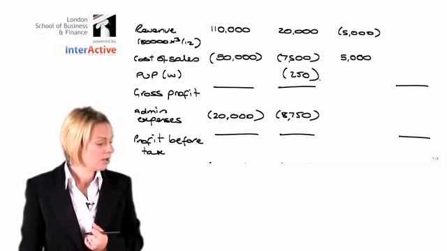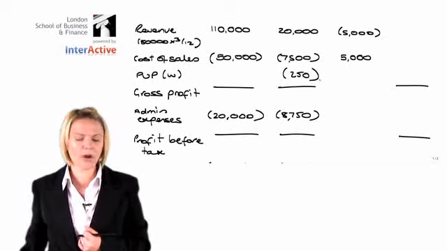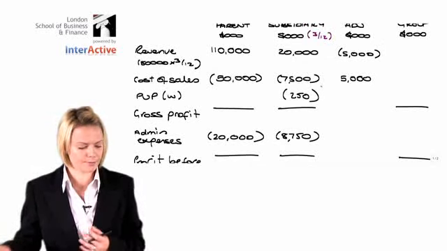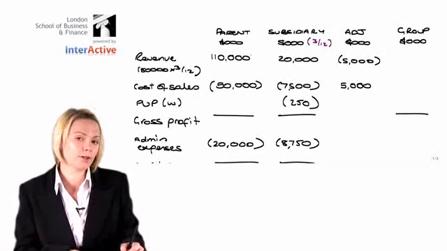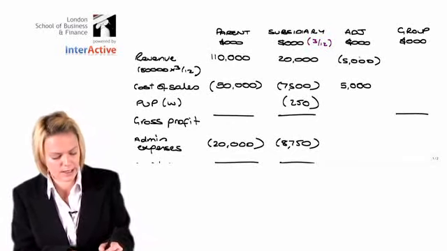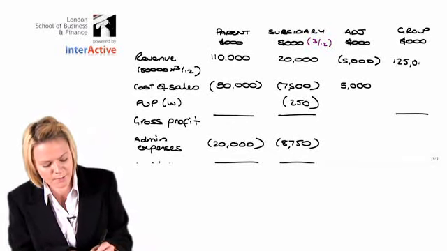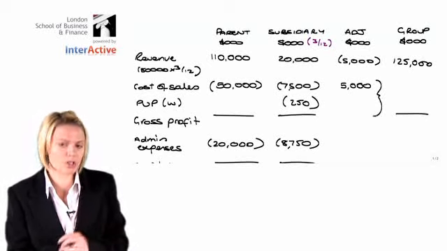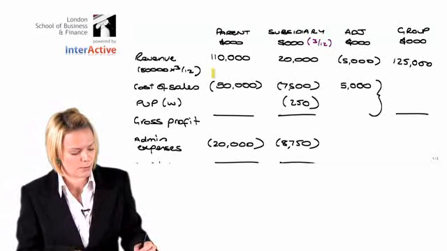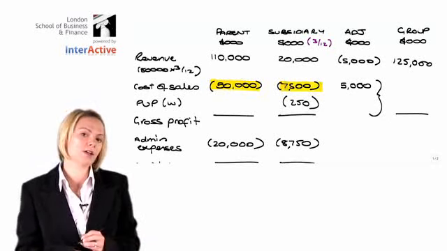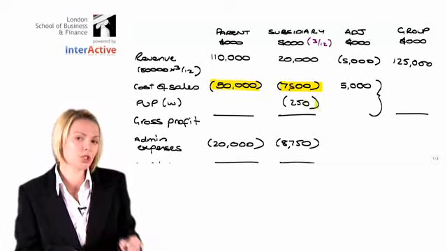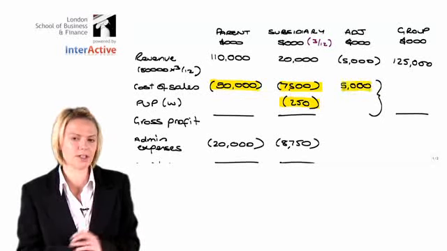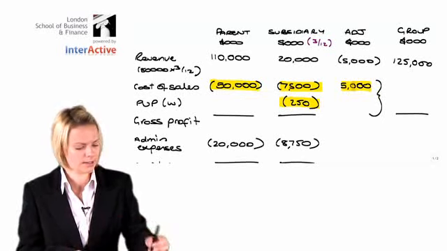So, there we have it. We've dealt with all the notes. We've prorated where necessary. Now, we just need to add across. So, parent plus sub minus intercompany is going to give you 125 million as group revenue. Group cost of sales then will be parent plus subsidiary's cost of sales plus the PUP, the fake profit on the goods left within the group, minus the intercompany purchases.